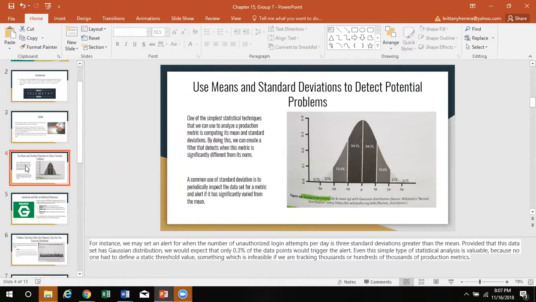Even this simple type of statistical analysis is valuable because no one had to define a static threshold value, something which is infeasible if we are tracking thousands or hundreds of thousands of production metrics. So a common use of standard deviation is to periodically inspect the data set for a metric and alert if it has significantly varied from the mean.